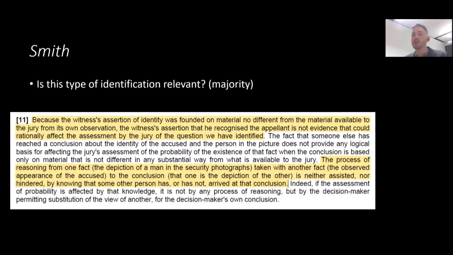The assertion of identity was founded on material no different from the material available to the jury from its own observation. So the fact finder can make this comparison itself. There's no need to have any assistance. It has the very same material in front of it: Smith, CCTV footage, it can make that comparison itself.